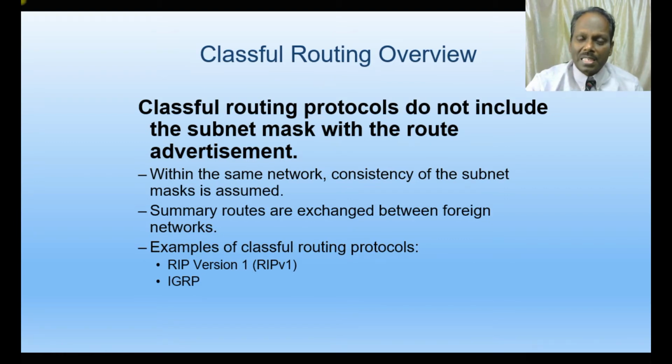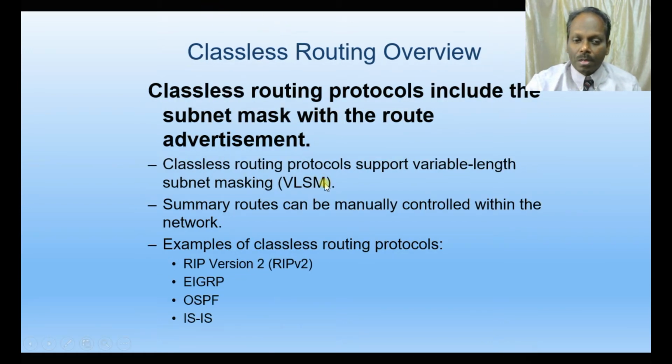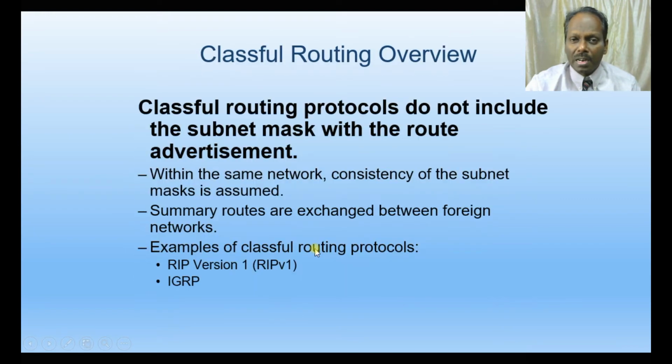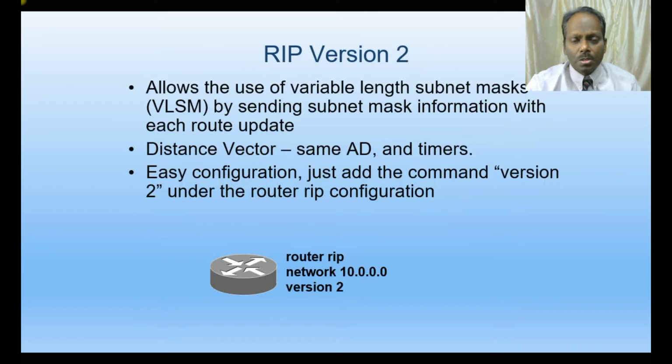But in today's networking, we have only classless routing. So we use version 2 because version 1 cannot handle the subnet mask; it doesn't recognize the subnet mask. Version 2 allows the use of variable length subnet masks by sending subnet mask information with each and every route update.